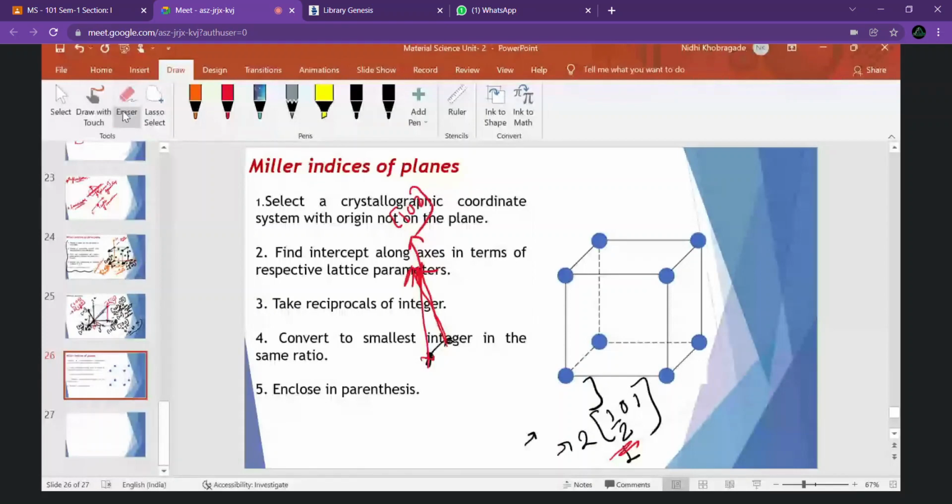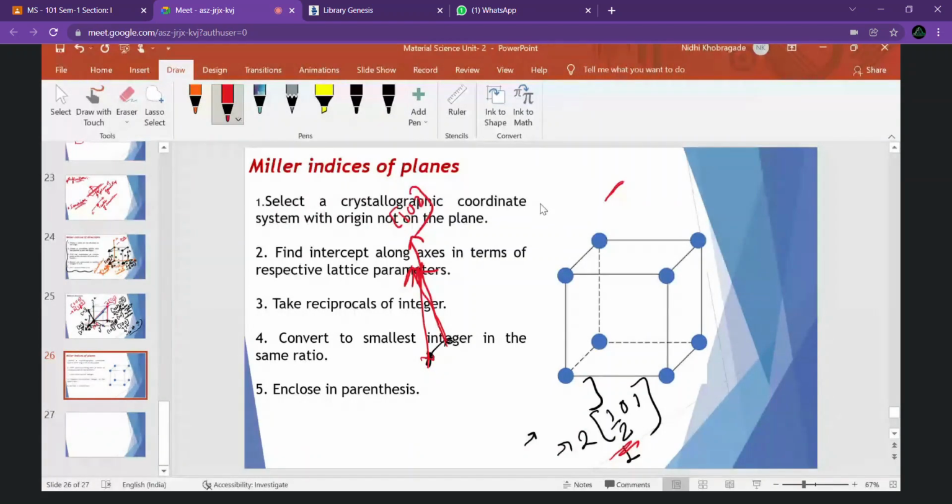There are certain steps that we should keep in mind during indexing the planes. So suppose this is the particular crystal structure. So number one is to select a crystallographic coordinate system with origin that should not lie on the plane. Okay, means the origin should not lie on a specific plane.